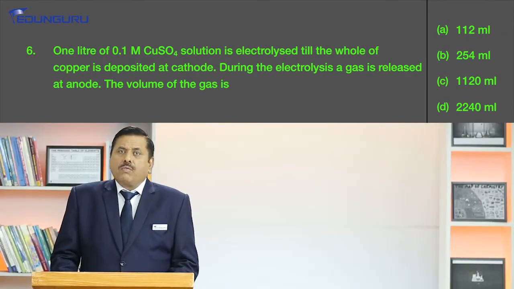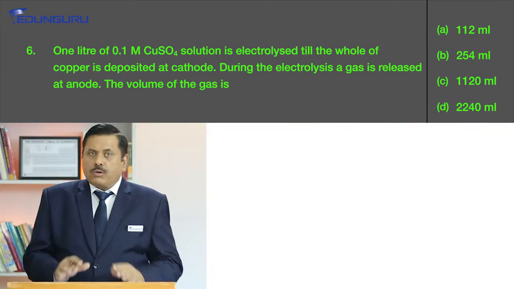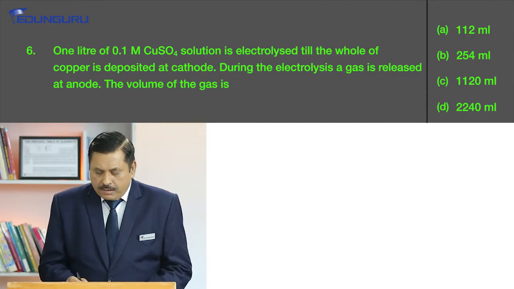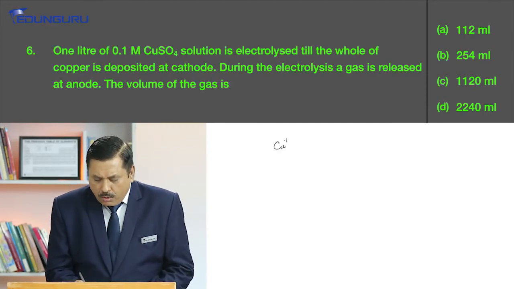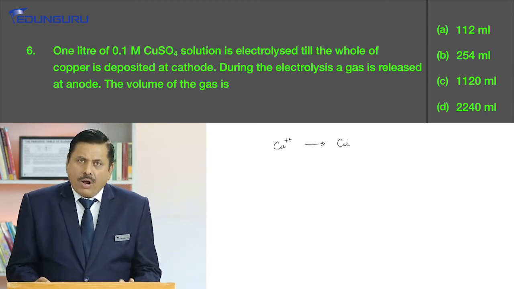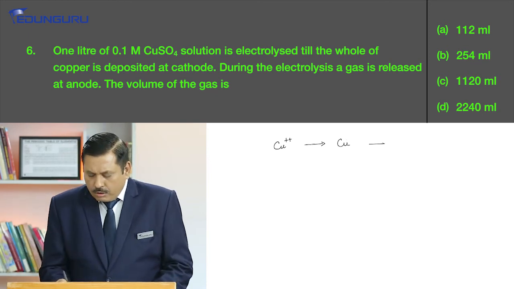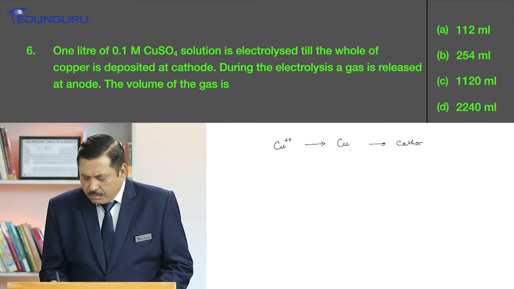Now let us see which species is oxidized and which species is reduced. From the question, it is very obvious that Cu++ is reduced to copper, and we all know that reduction takes place at the cathode. So this reaction has taken place at the cathode.